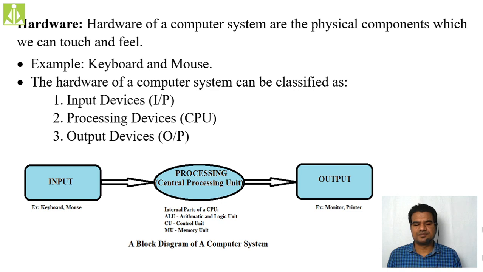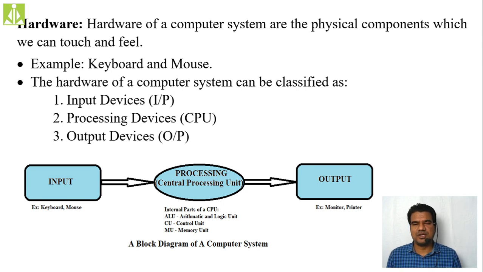All together we call them hardware components of a computer. Once again, these hardware components are further classified into three different types. One is input devices, which are helpful in giving the input to the computer. The second is the internal processing unit, which manipulates the data according to pre-stored instructions.